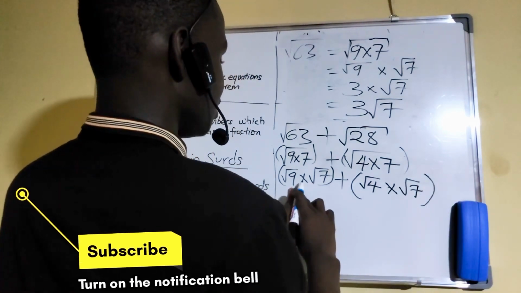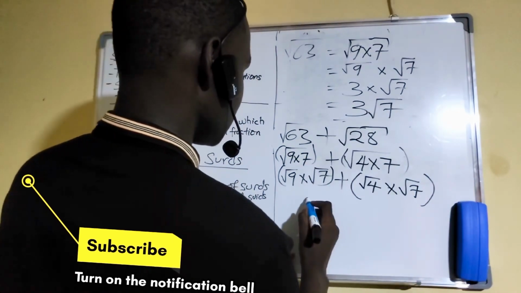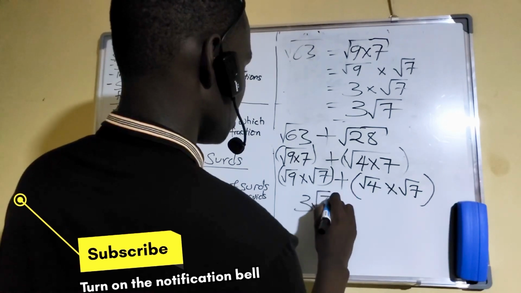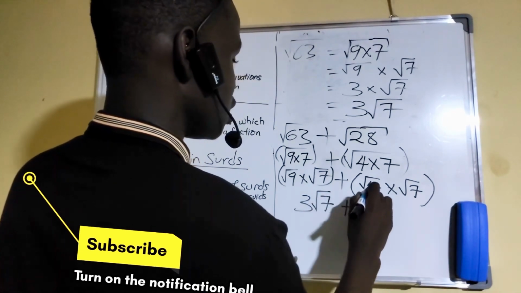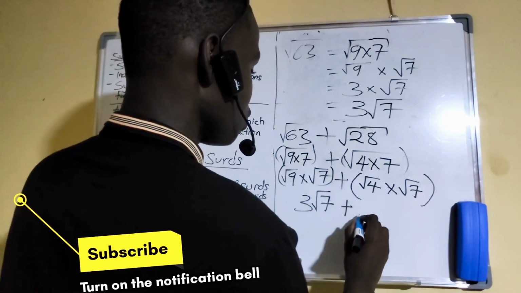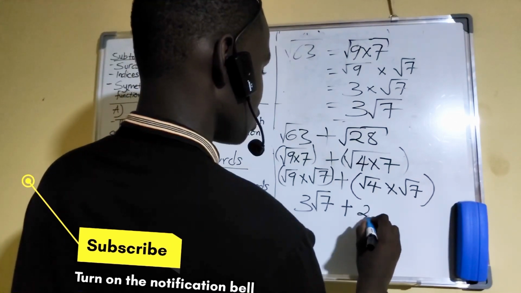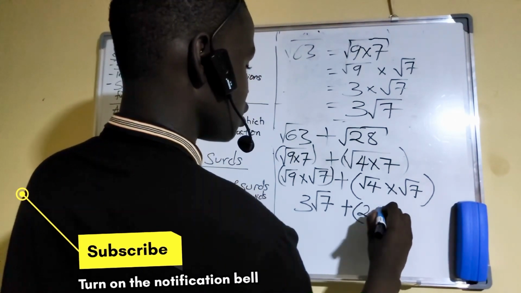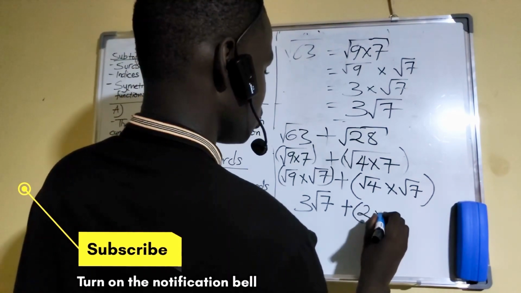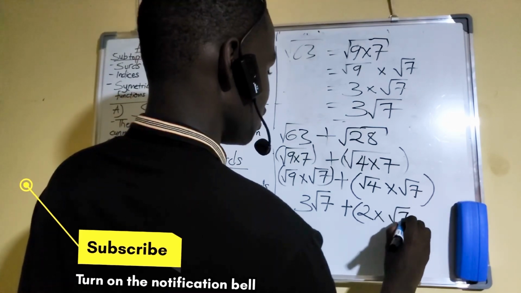Now this gave us this. I can maybe just write this here. Then plus, now the root of 4 is 2. Okay, then plus, this is a multiplication times root 7.